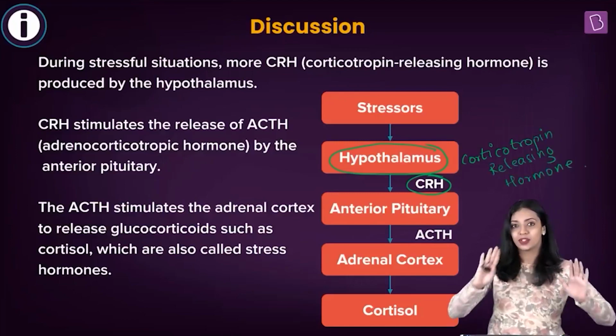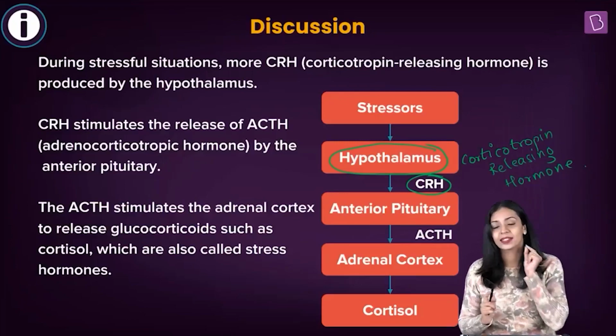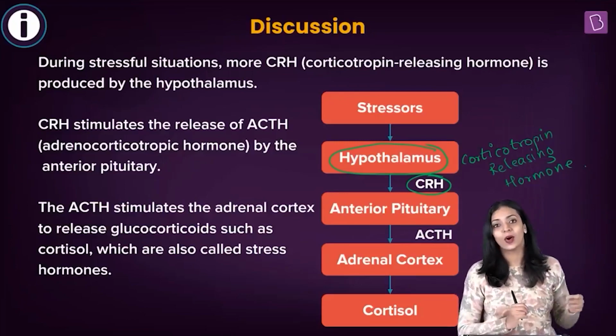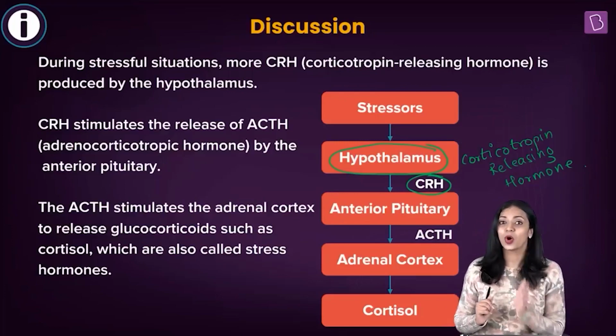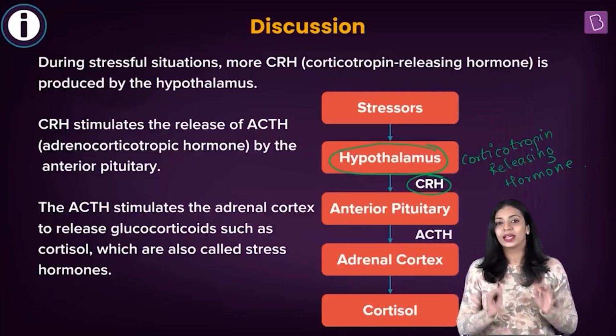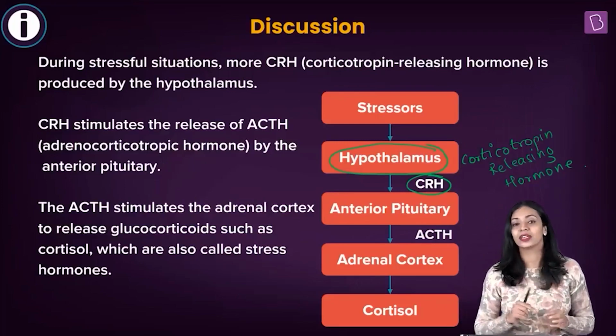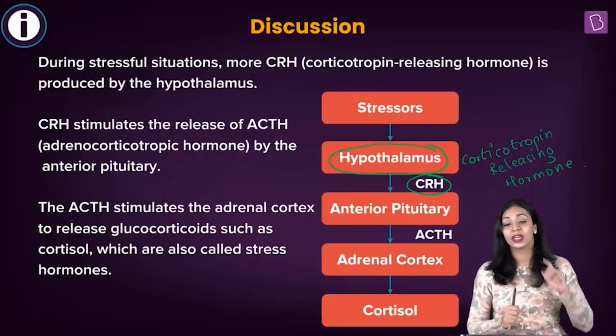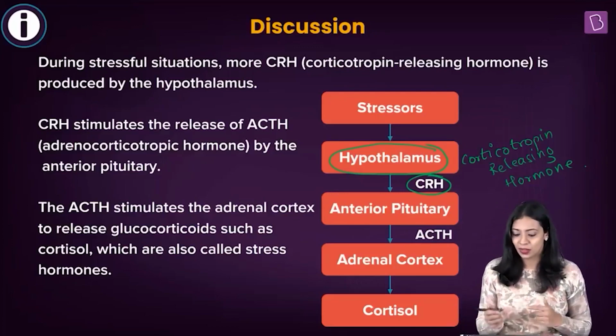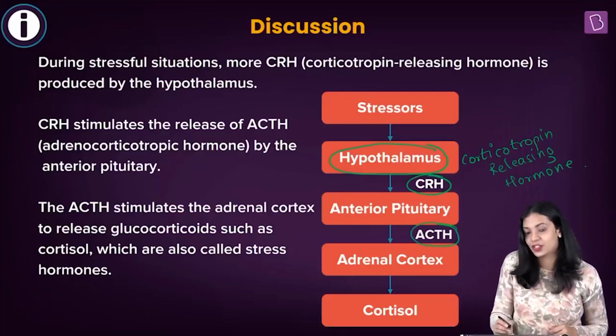Whenever there is stress, the hypothalamus will first produce and secrete CRH. This is a type of releasing hormone that will act on the anterior pituitary. In response to this hormone, the anterior pituitary will produce another hormone which is known as ACTH.